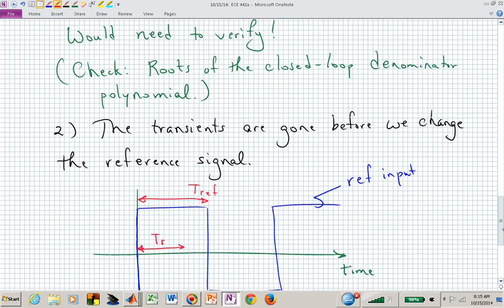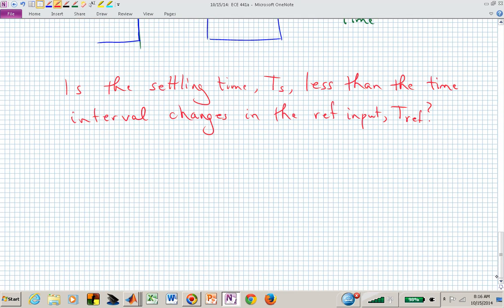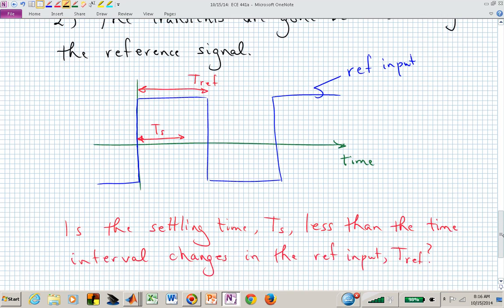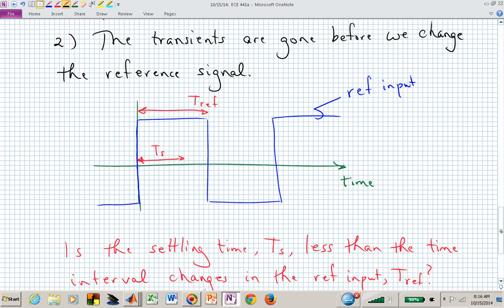Now, in order to maybe compute this steady state error, what are we going to do? Well, we are actually going to play on this concept or idea of infinity.